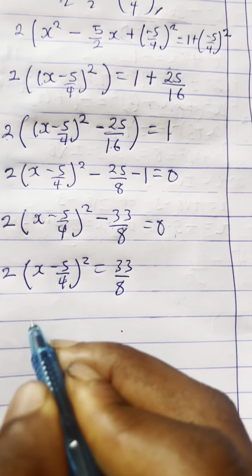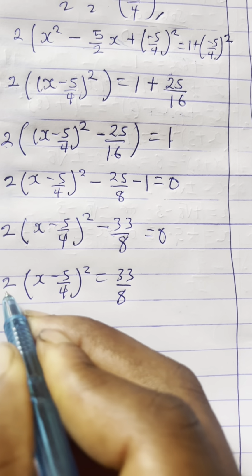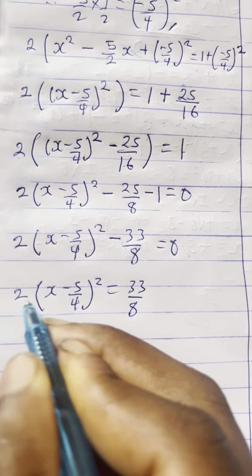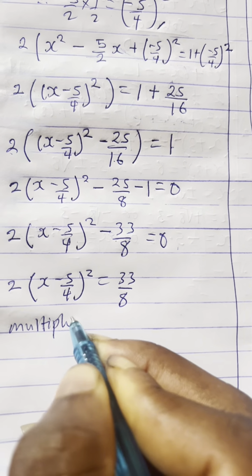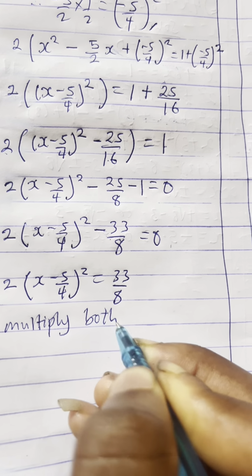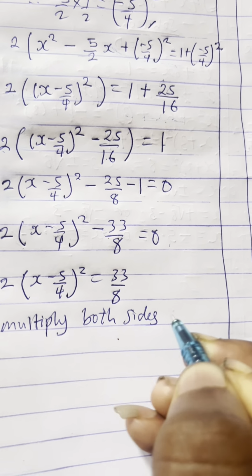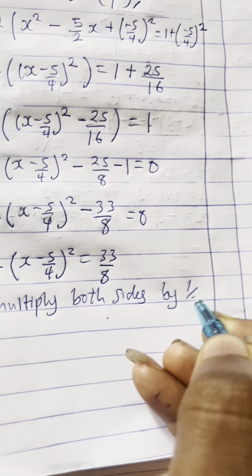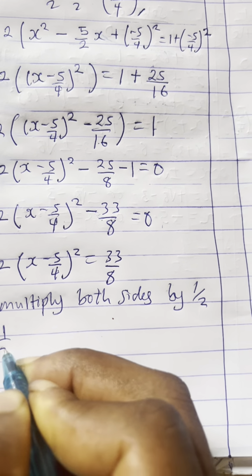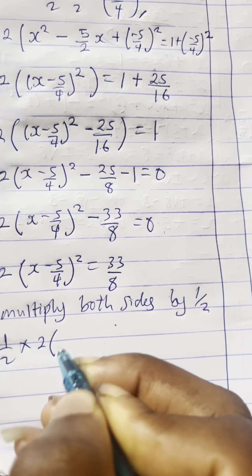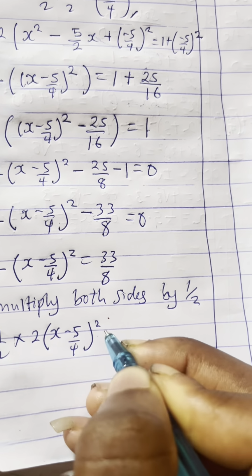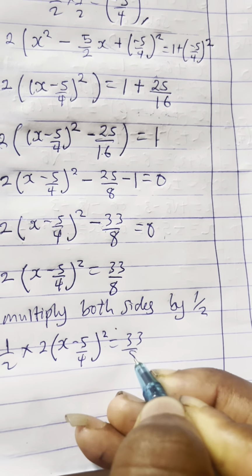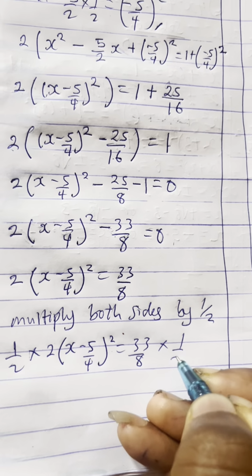So the next thing I can do, in order to eliminate this 2 that is here, is multiply both sides by 1 over 2. So this will be 1 over 2 times 2 bracket x minus 5 over 4 whole squared equals 33 over 8 times 1 over 2.